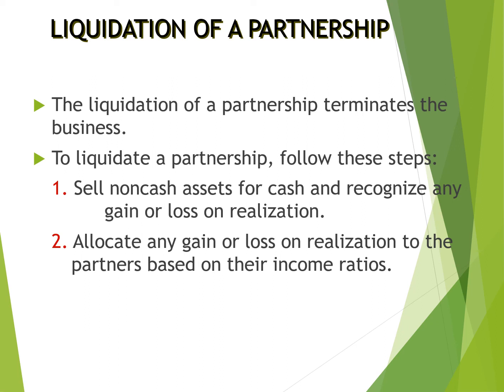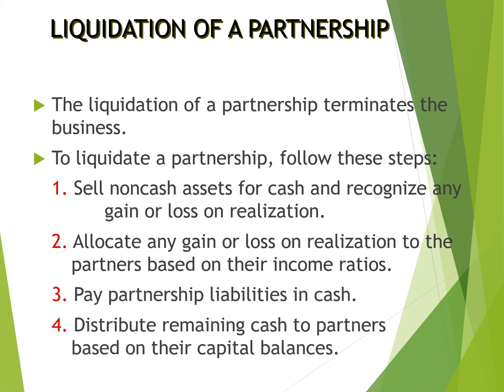Allocate any gain or loss on realization to the partners based on their income ratio. Pay partnership liabilities in cash or distribute the remaining cash to partners based on their capital, or a partner may take liabilities or assets as agreed, or it can be liquidated as per the agreement written in the partnership deed.